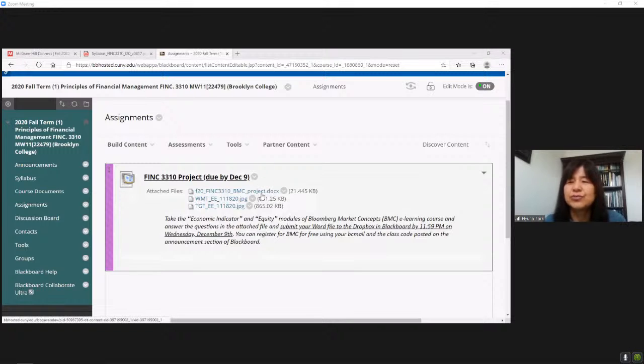There is an instruction, the Word document, and you need the data. The data from Bloomberg terminal, Walmart and Target's earnings per share forecast. I posted this project a long time ago at the beginning of the semester for you to be prepared, plan ahead.